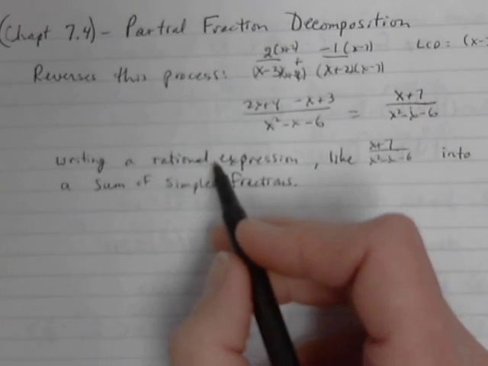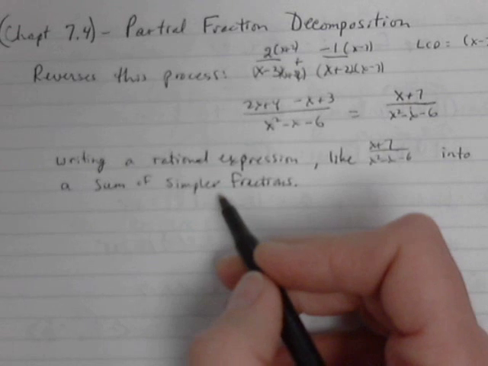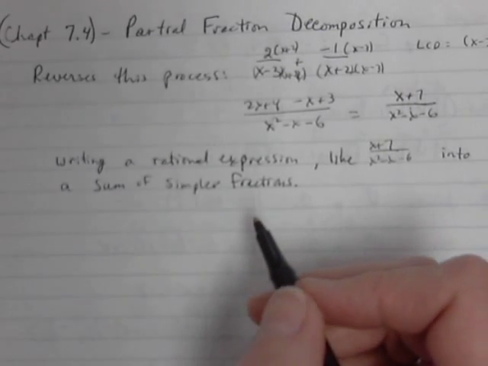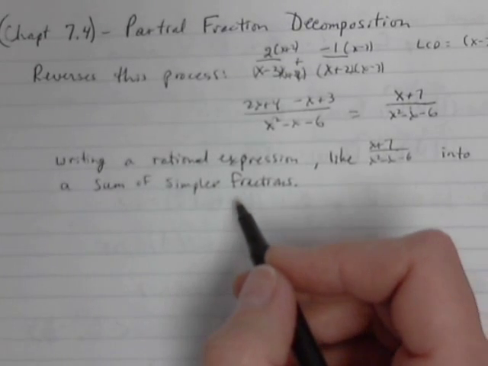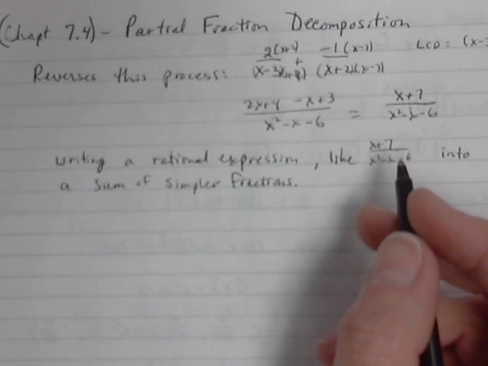Okay, and when we write that rational expression as the sum of two or more simple fractions, that method is known as partial fraction decomposition.